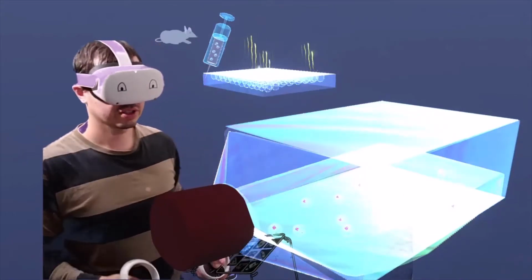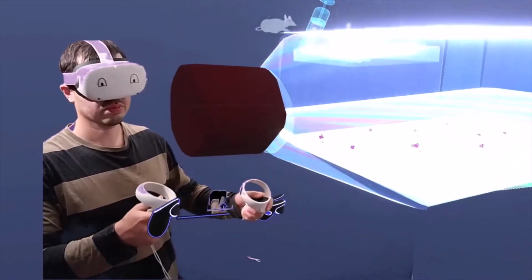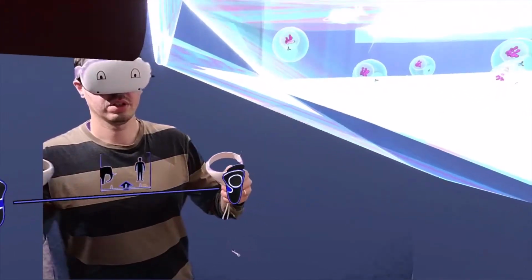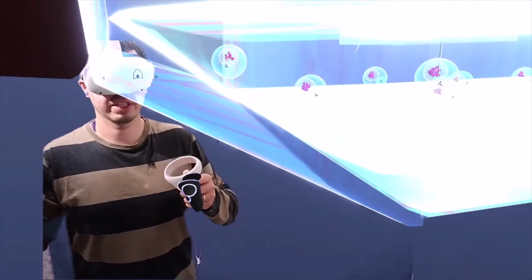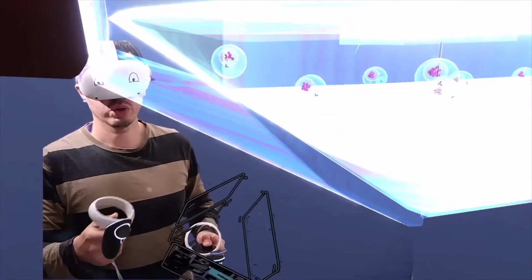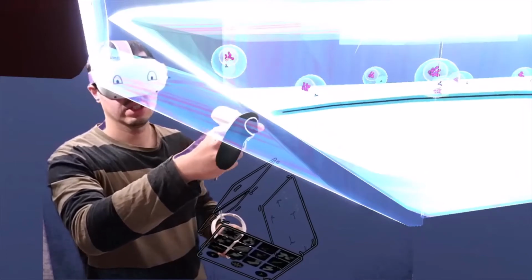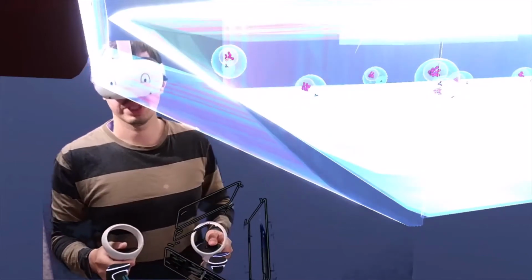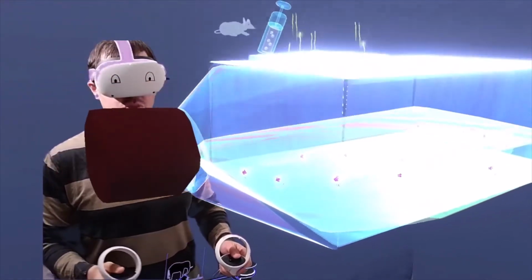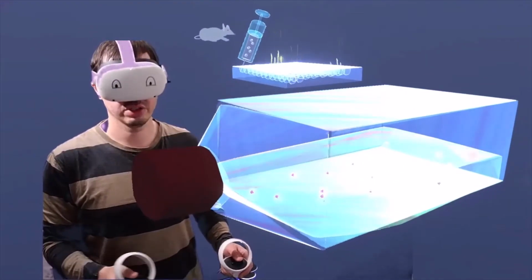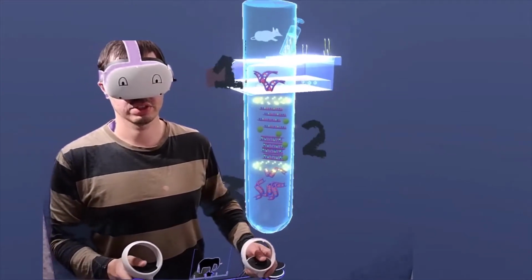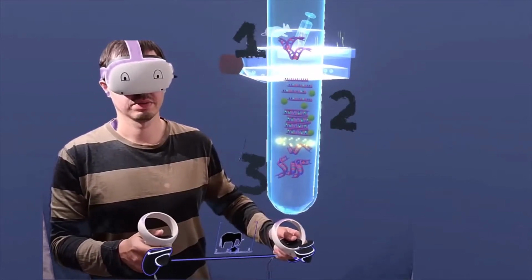I use flasks such as this one with a culture medium, which allows me to expand these cells, which have their own genome. What I want is to get only the gene encoding my protein.